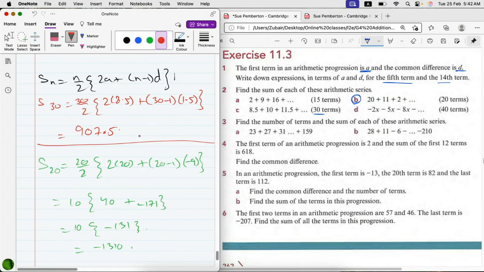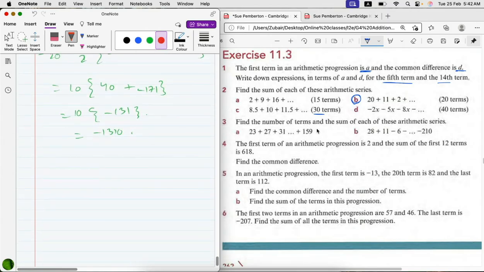Okay. Question number 3 says find the number of terms and the sum of each of these arithmetic series. The sequence is given as 23, 27, 31, and then there are a few missing terms, and the last term is 159. We need to find the number of terms.